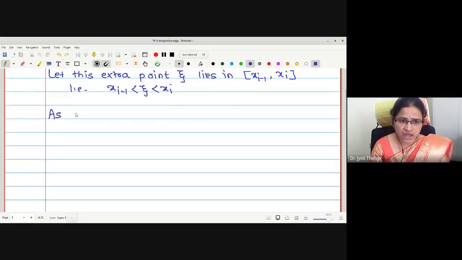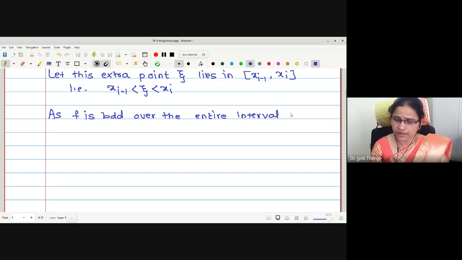Here I will write: f is bounded over the entire interval a, b, and it is bounded on every subinterval.